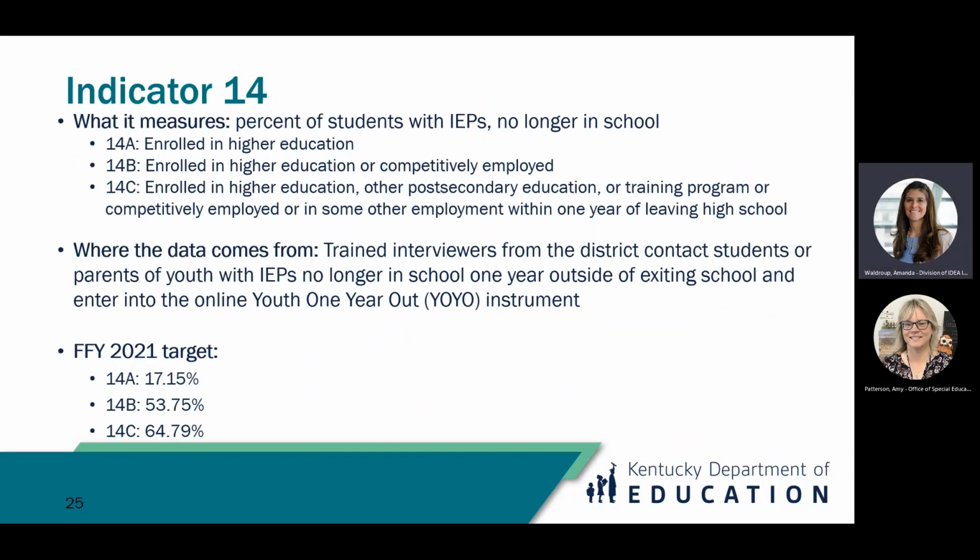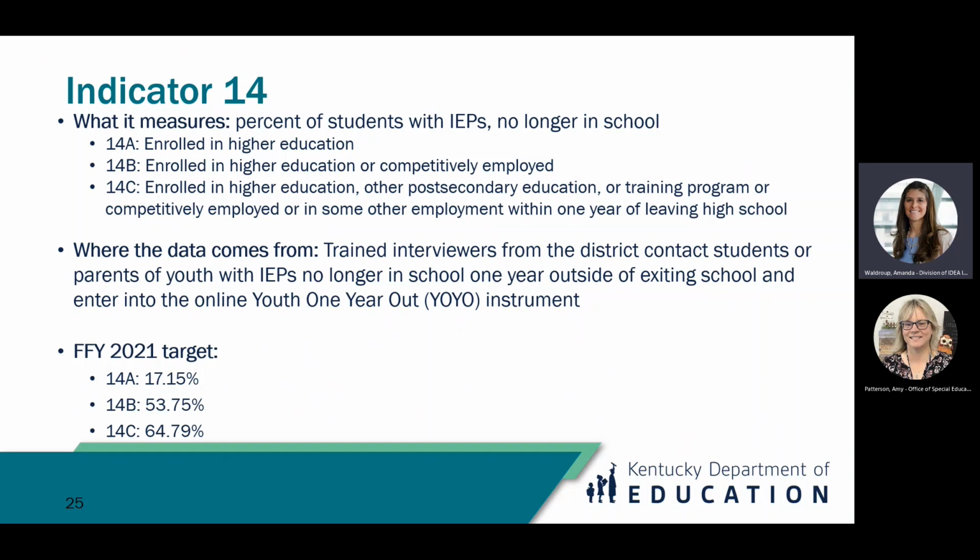Indicator 14 measures the percent of students with IEPs no longer in school. 14A is specifically focused on students that are enrolled in higher education. B adds higher education along with competitively employed. And then C includes higher education, other post-secondary education or training program, or competitively employed or in some other employment within 1 year of leaving high school.